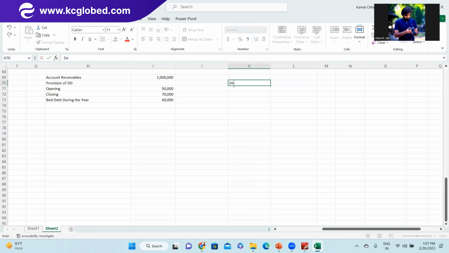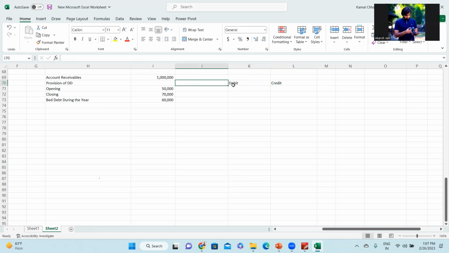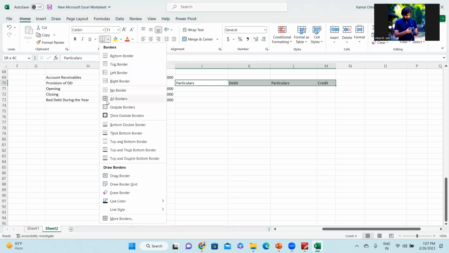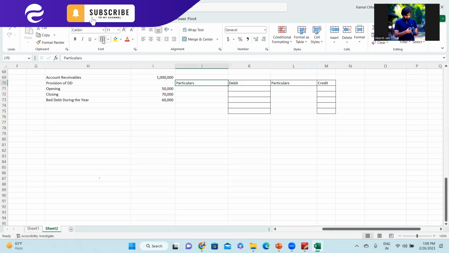Yes, sir. Let's assume this is the debit side, this is the credit side. We will write opening and closing. The opening would be on the books at gross, not net. So what is your opening account receivable?